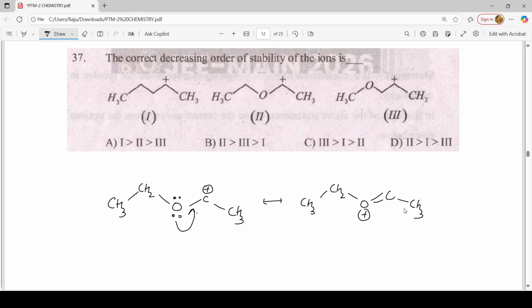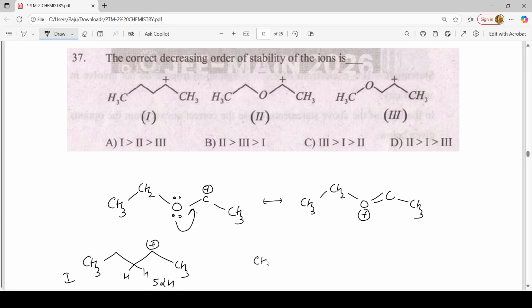Come to the case of structure 1 and structure 3. Here the given carbocation can be stabilized by hyperconjugation. There are 5 alpha hydrogen atoms in the case of structure 1.